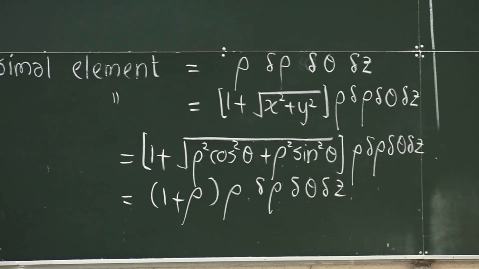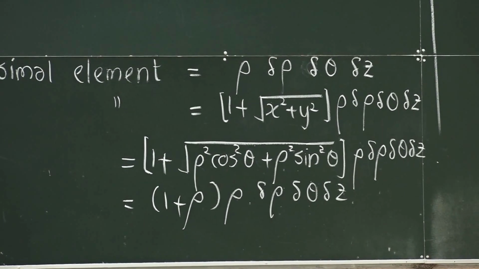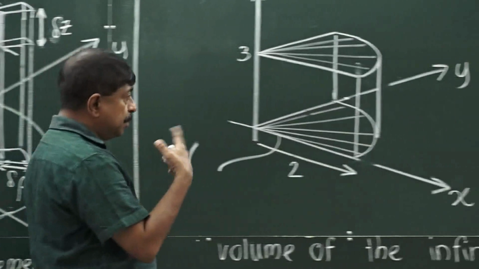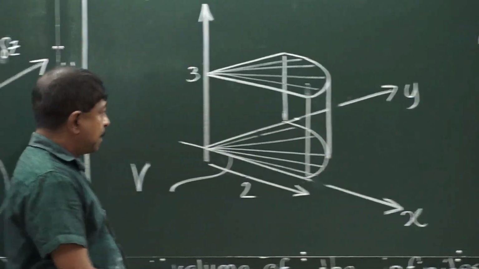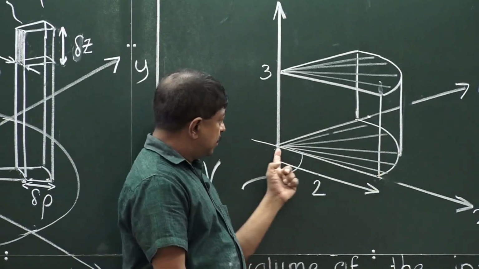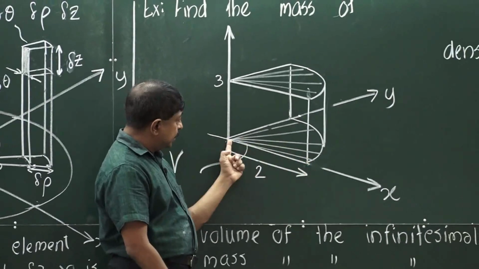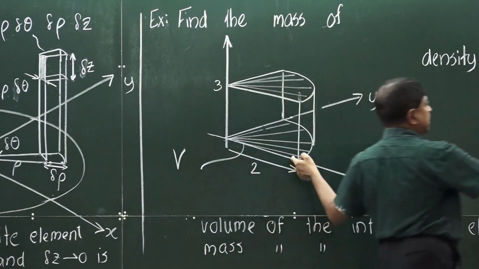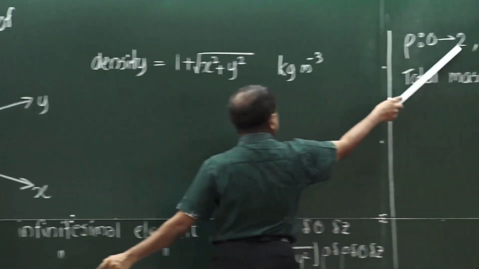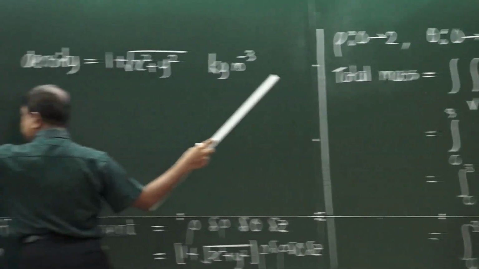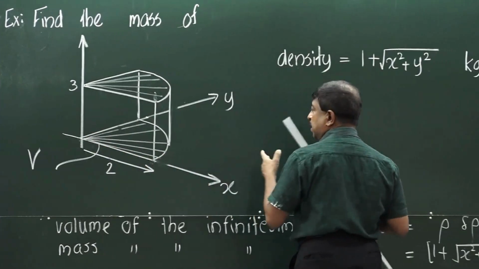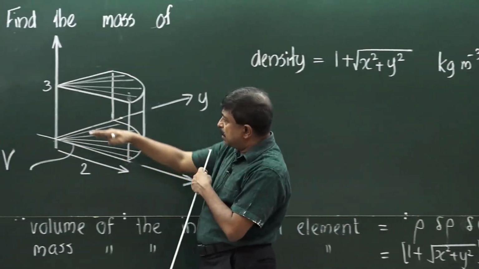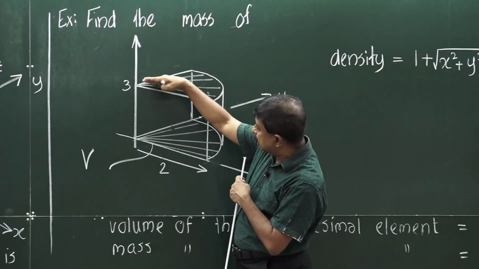When we want to find the total mass, definitely you have to go through a triple integral. So, we need to know the limits of these variables. In this volume, rho goes from 0 to 2. So, that is what I have indicated here. The maximum distance you can achieve is 2. The maximum height you can achieve is 3.